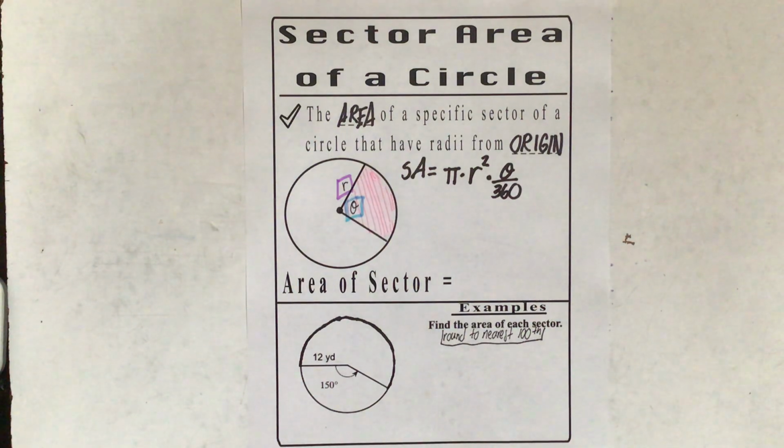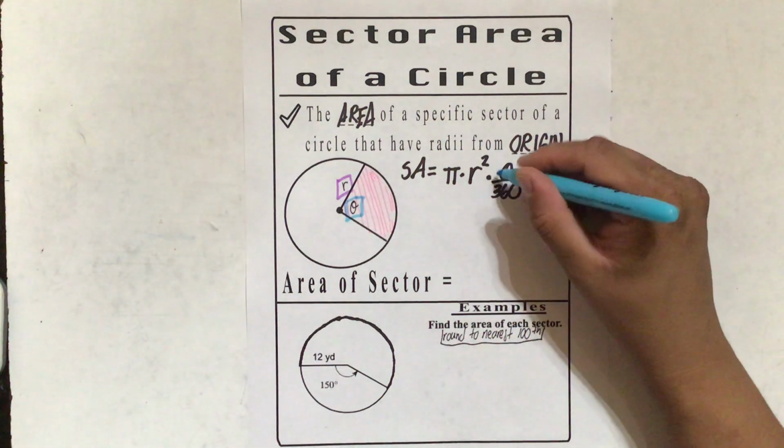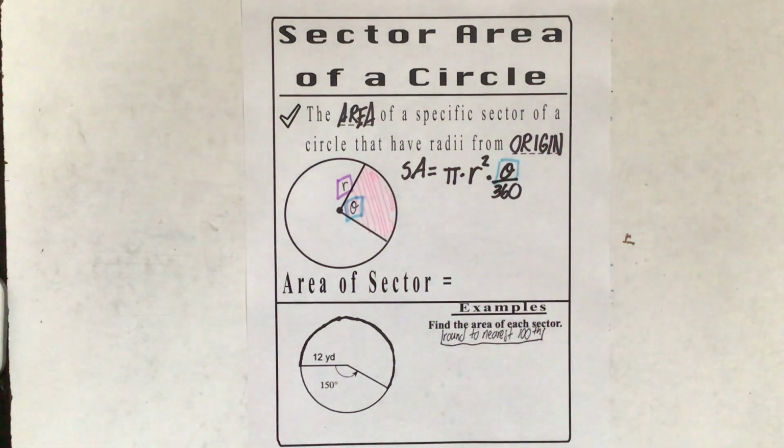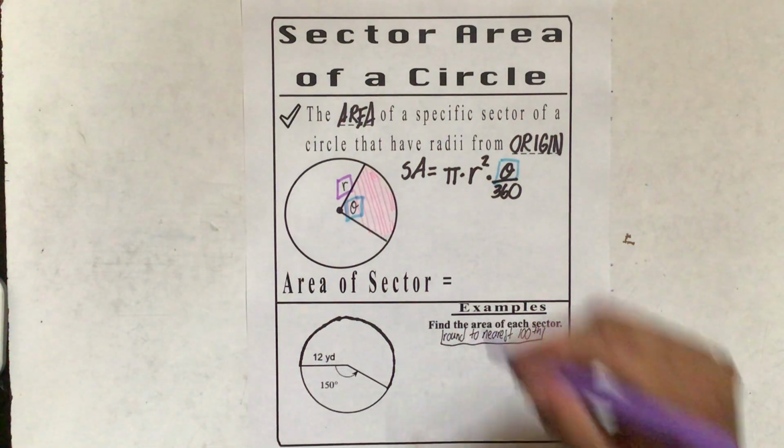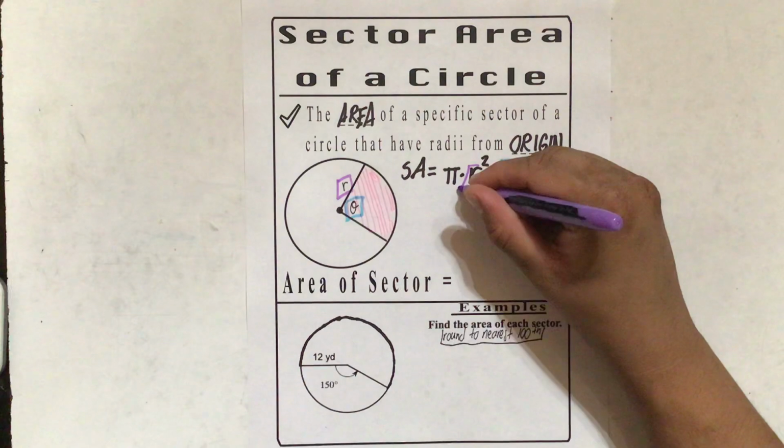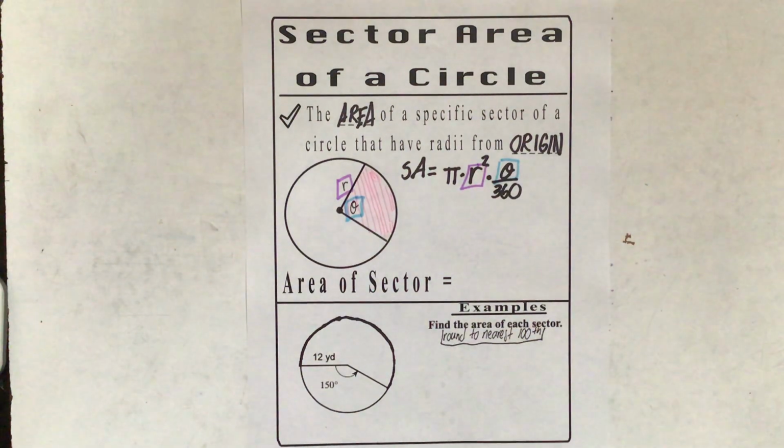So let's clean this up. First, let's highlight everything that we know. Theta is in blue and radius is in purple. Let's put it in the same order that we did arc length, to be consistent.